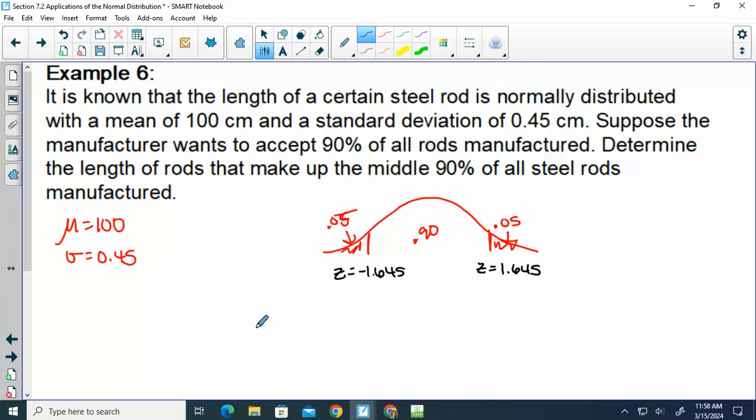All right, so now I know my z's. What am I trying to find? The x. So we know that z is x minus mu over sigma. So negative 1.645 equals our length minus the mean divided by standard deviation.